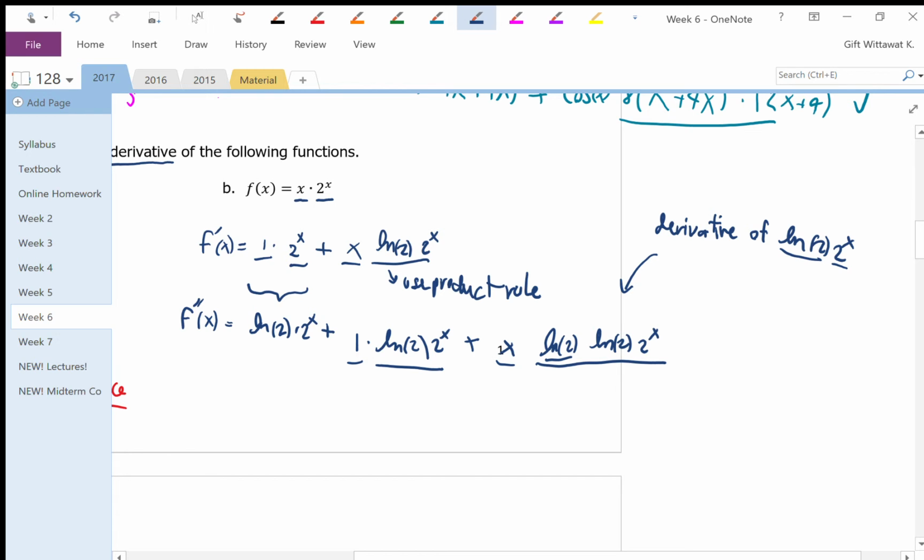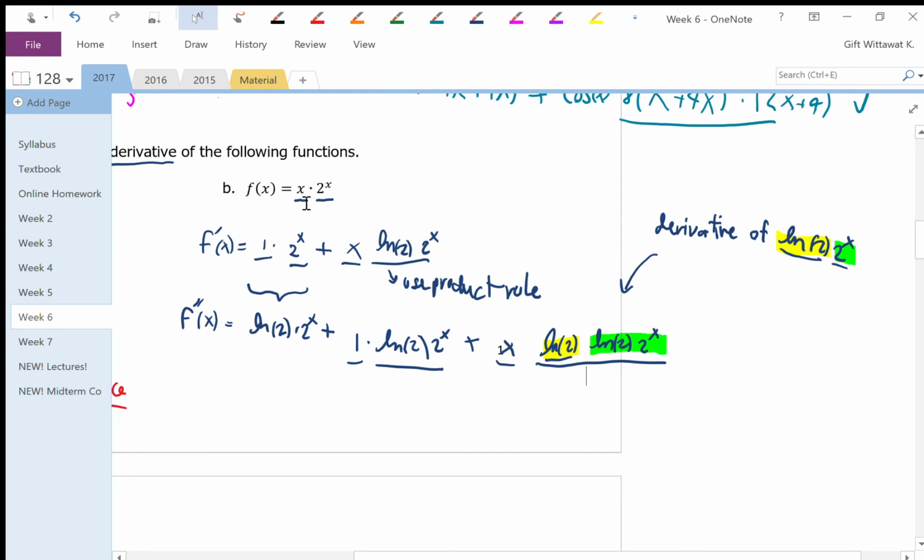So in my last term, I actually have log of 2 come out twice. The first one is just a constant, so it stays the same. The second one is the derivative of 2 to the x. Okay, so that should make sense.